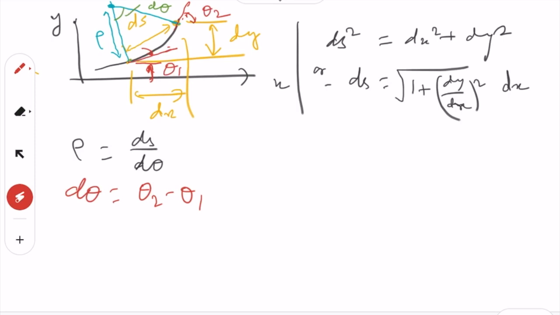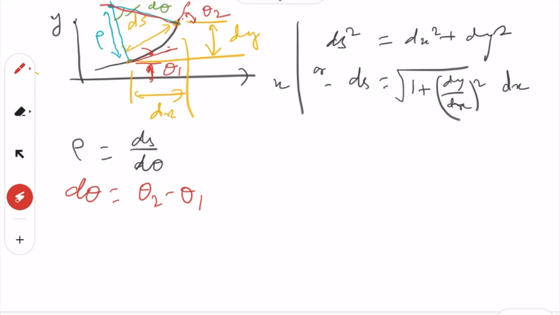Why? You can see that you have 90 degrees from here to here, right? So see here, this is theta 2, this is 90 degrees.